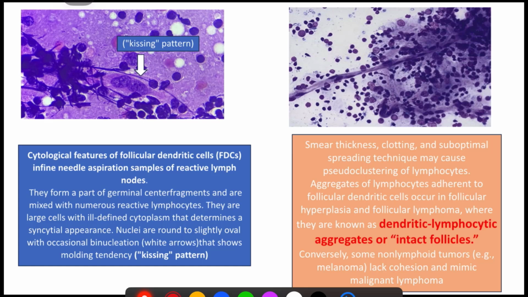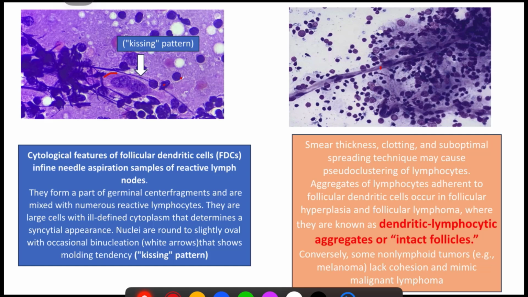Another important feature for identification of follicular dendritic cells is that they form part of germinal center fragments and mix with numerous reactive lymphocytes. They are large cells with ill-defined cytoplasmic borders, and sometimes may be present in a syncytium, right?